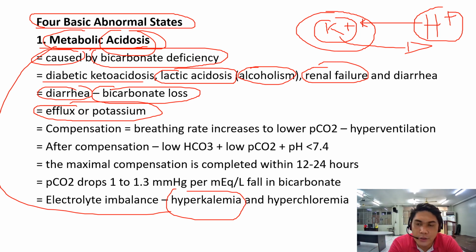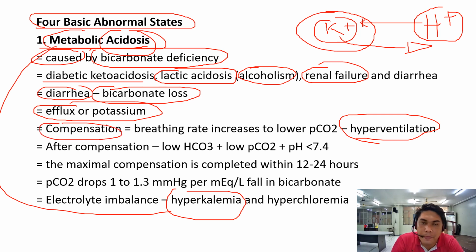So for metabolic acidosis, the compensation is hyperventilation. Now let's go back to our formula. pH is equal to bicarbonate over CO2. For metabolic acidosis, there is a decrease in bicarbonate.